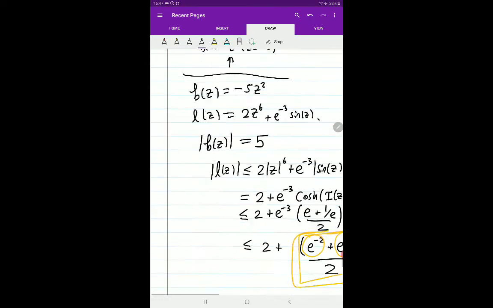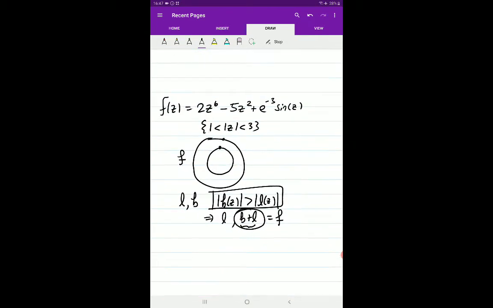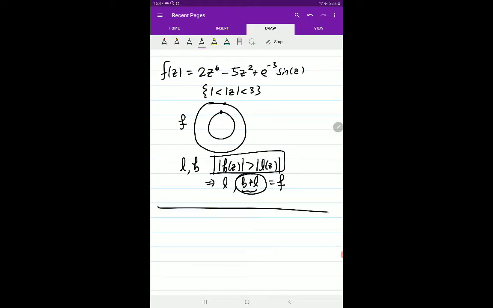Now, the question is, what do I choose for my B? Let's take mod z less than 3, because that seems the most obvious one. So B of z, if I look here, this guy right here is going to be the dominant term. At least I expect it to be the dominant term.